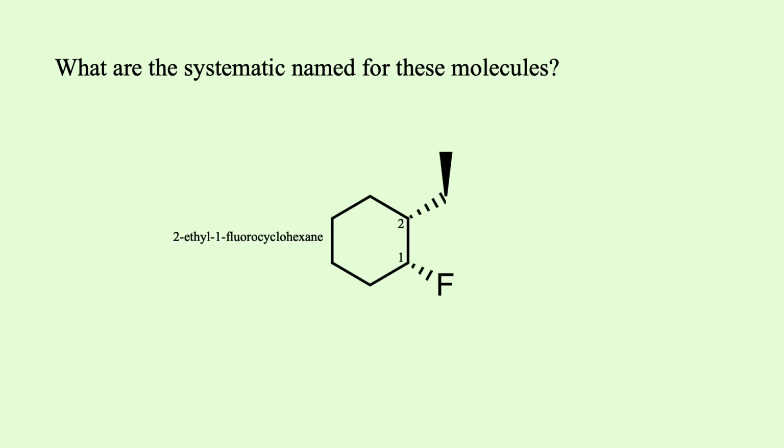So the fluoride group is 1 and the ethyl group is 2, so you would write it as 2-ethyl-1-fluorocyclohexane. And it is in alphabetical order, so ethyl comes first before the fluoro.